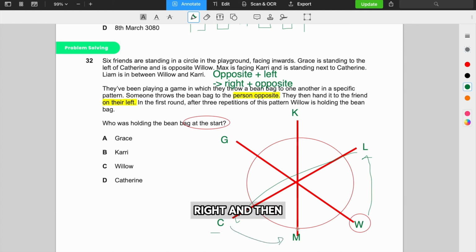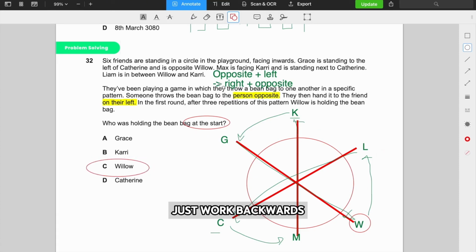To the right, and then opposite, so now it's with Kari. That's the next round. And then we want to go to the right, and then opposite, so now it's with Willow. So basically, who was holding the beanbag at the start? Willow, right? Okay, so back to where it started. All right, option C. So just work backwards. Do 3 rounds of giving it to the right person and then going opposite.